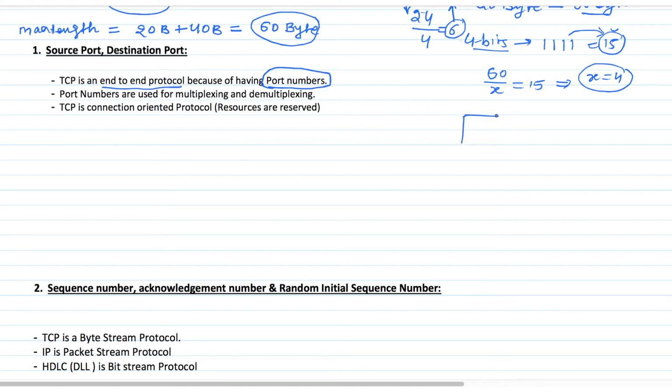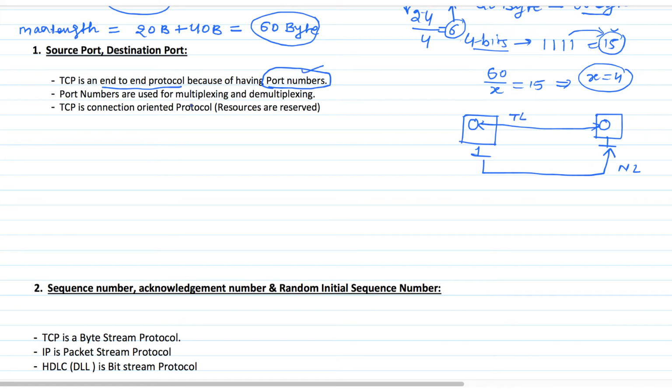Suppose we have one system as the source and another as the receiver. System-to-system delivery is the responsibility of the network layer, but within the system there are many processes, so process-to-process delivery is taken care of by the transport layer with the help of port numbers.